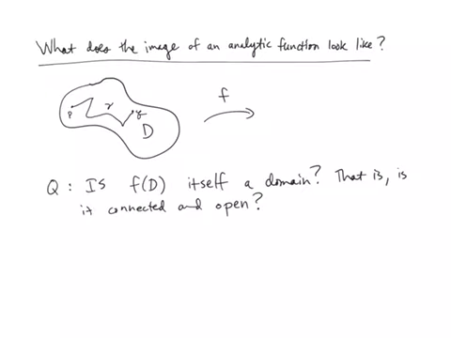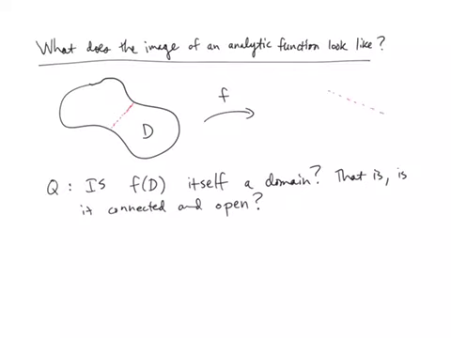The question about being open is more interesting and subtle. So you could imagine, for instance, something like this. Something your f could possibly do is take your domain, let's imagine cutting the domain in half like this, and what f might do is fold the domain over itself.